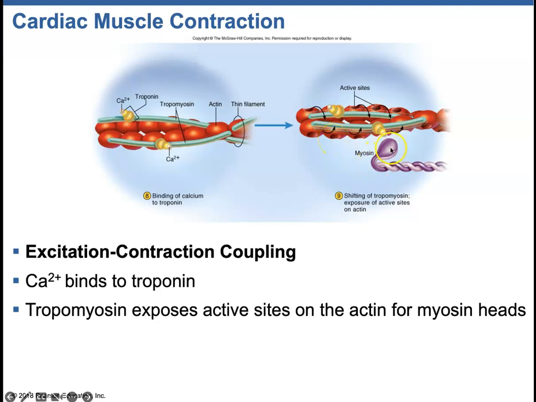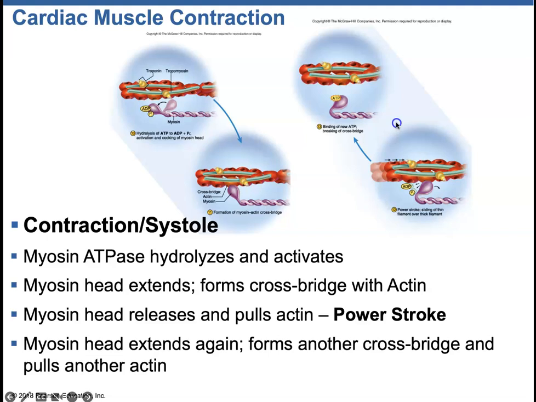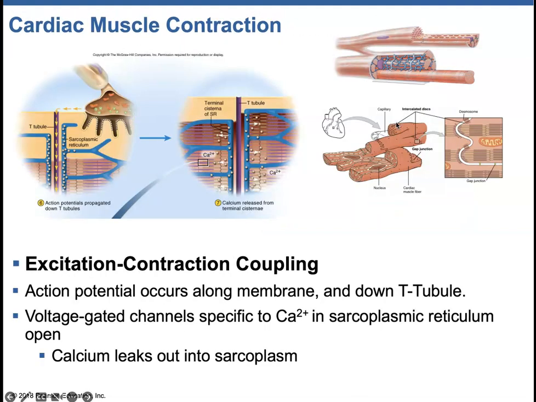Then the myosin head, click, connects to the actin, and then we have tension. For the actual shortening to take place, the myosin head comes off, clicks onto the next one, and moves the other along.